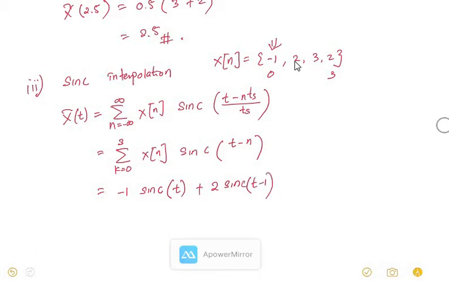Then plus when n equal to 2, x2 is 3, so 3 sinc(t minus 2). Plus when n equal to 3, you have the value of 2, so it's 2 sinc(t minus 3).